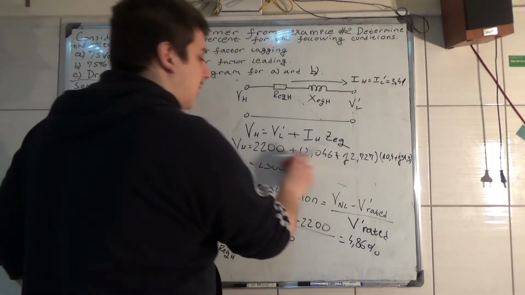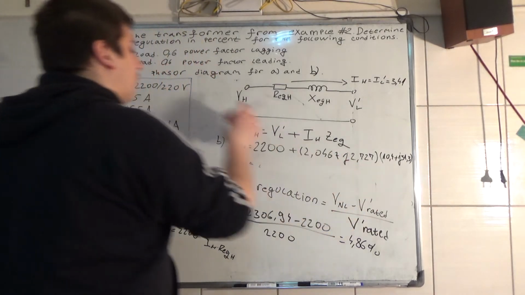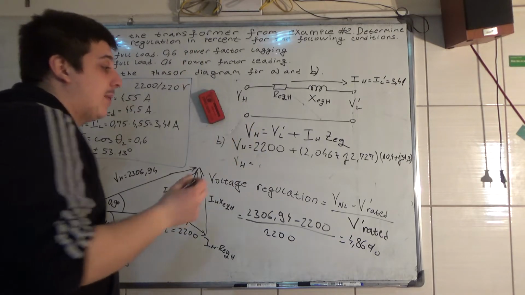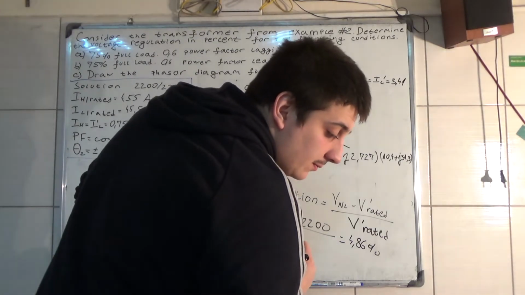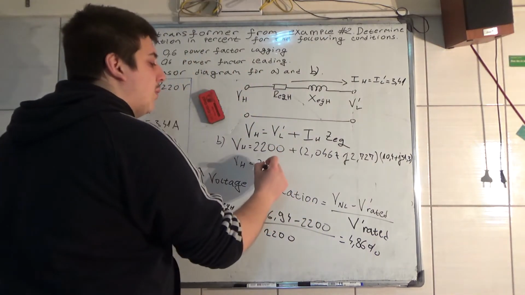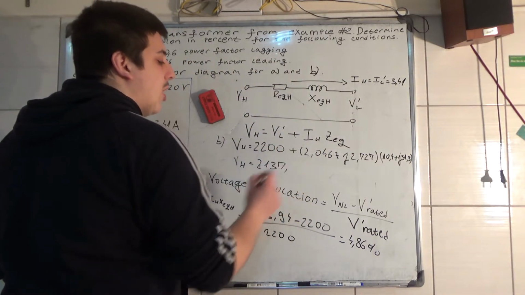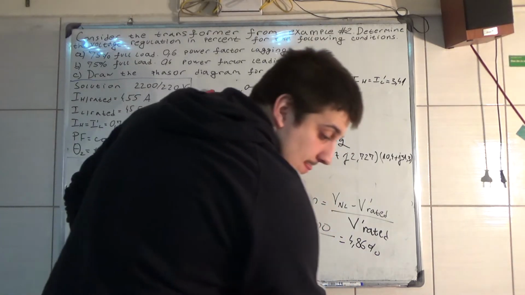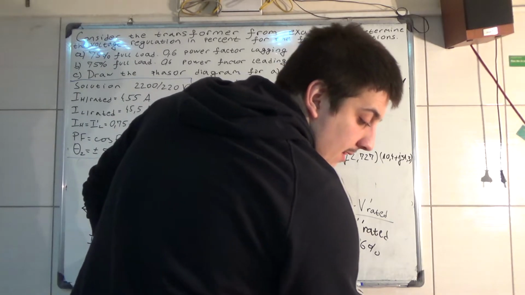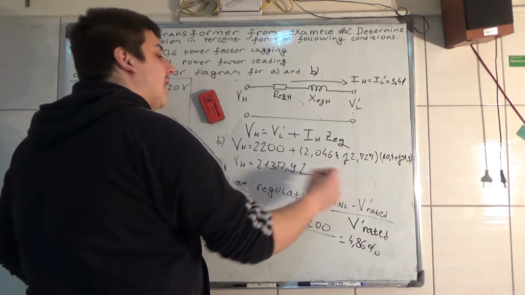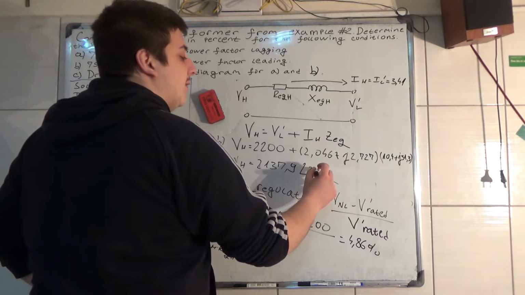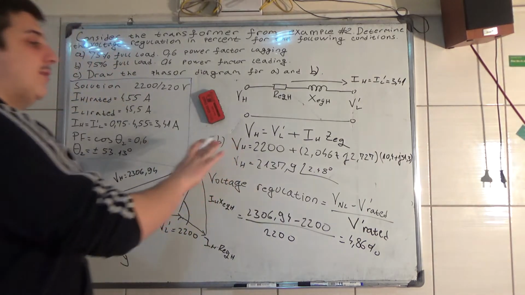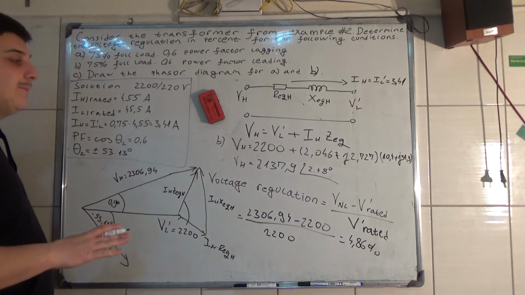Now this is for B, when you have power factor leading, so more capacitive power, you get 2137.9, and the phase angle here is 2.48 degrees. So this is for leading.